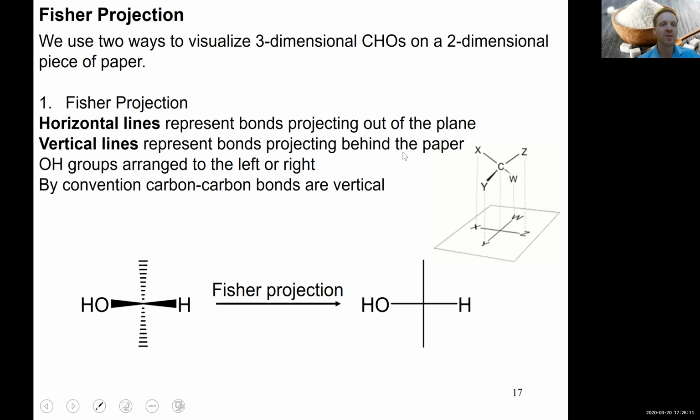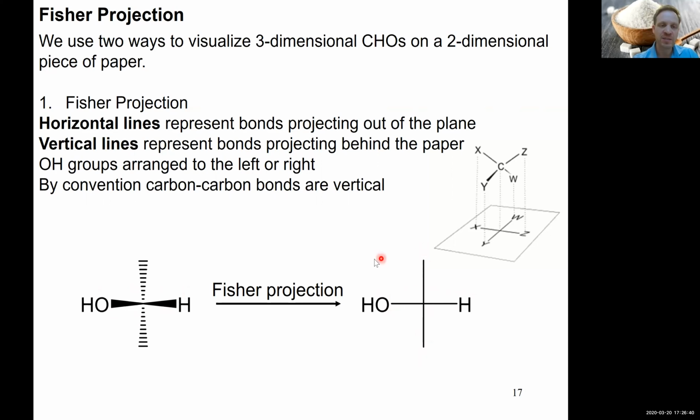The way the Fischer projection works is that the bonds facing horizontally reflect these bonds here, these wedges, and wedges mean that it is facing out of the plane toward you.